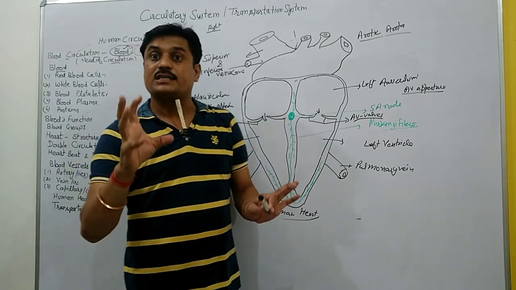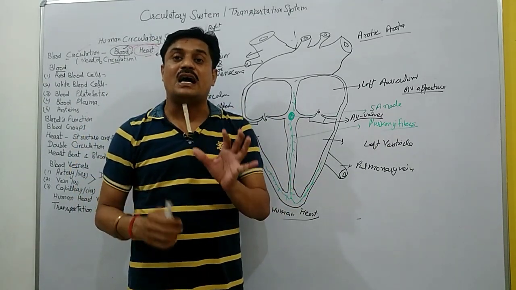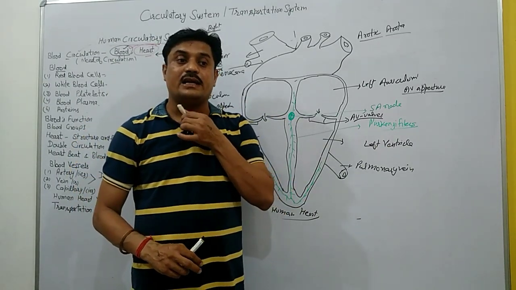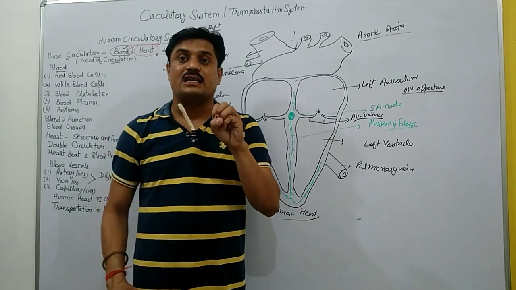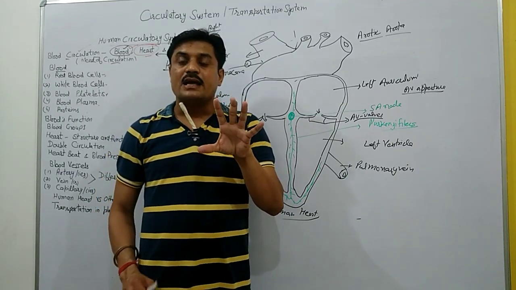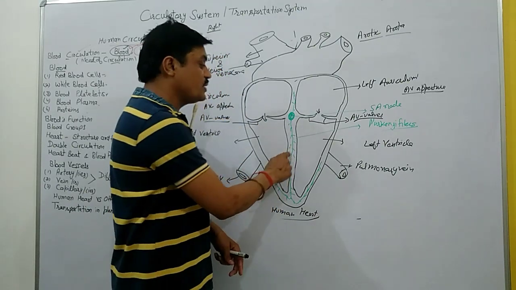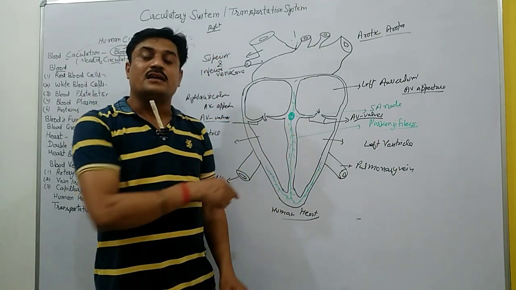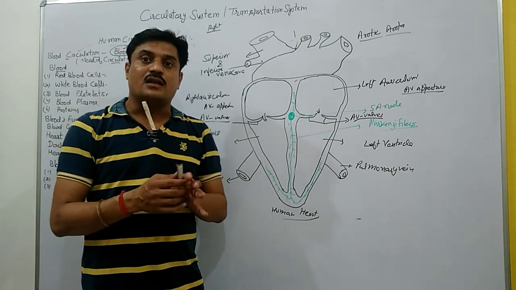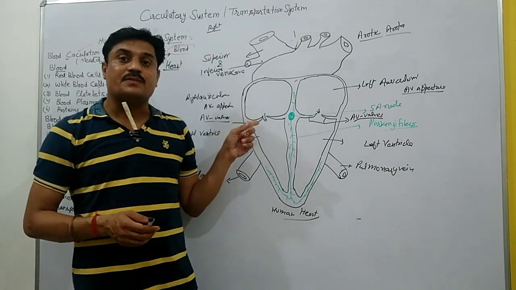This SA node is called the pacemaker of the heart. It supplies electrical impulses, and these electrical impulses spread through the Purkinje fibers in the entire muscular wall, and as a result the heart beats.